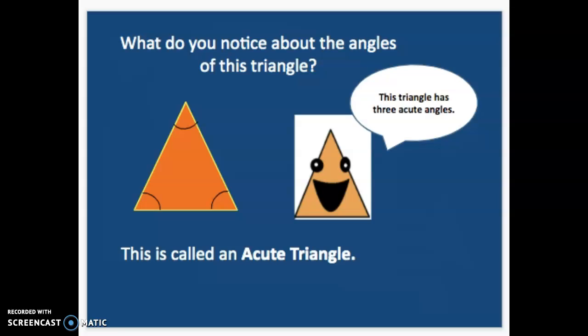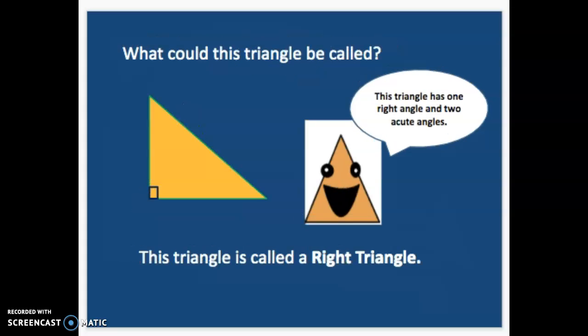Because these angles are less than 90 degrees, this is called an acute triangle, because this triangle has three acute angles. What could this triangle be called? Notice that the one that stands out is the right angle right here.